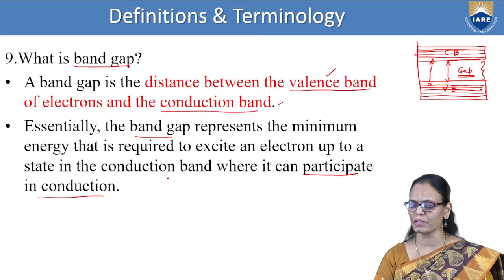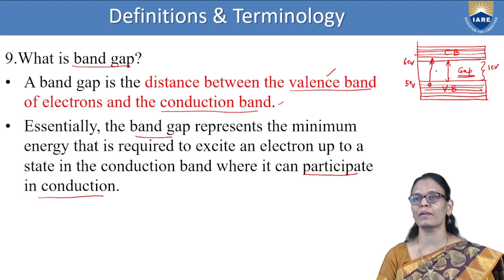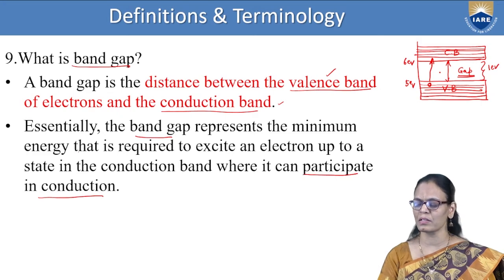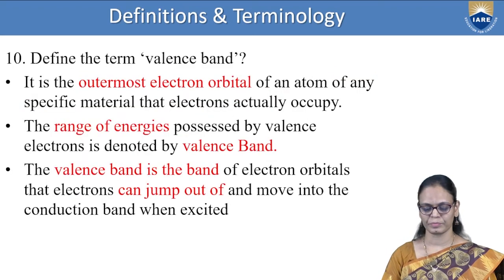Suppose I say here it is at 5 electron volt and this is 6 electron volt, which means there is a gap of 1 electron volt. So how will this electron move into the conduction band? The minimum energy that we have to supply is the band gap energy, that is 1 electron volt. That is what we are trying to understand with the help of the band gap.